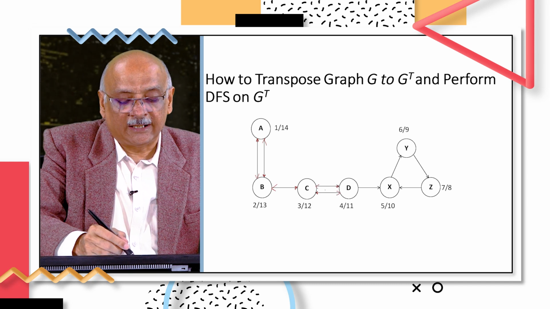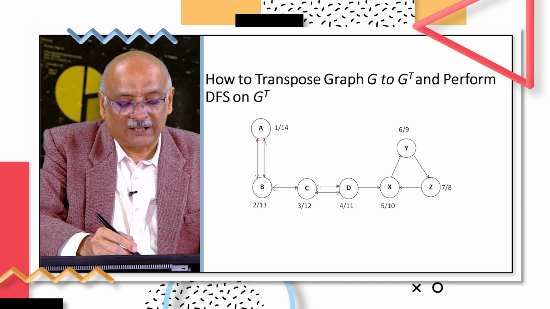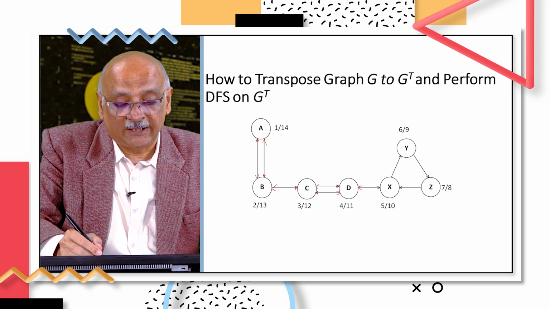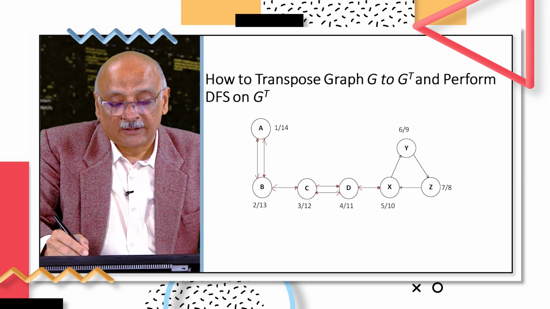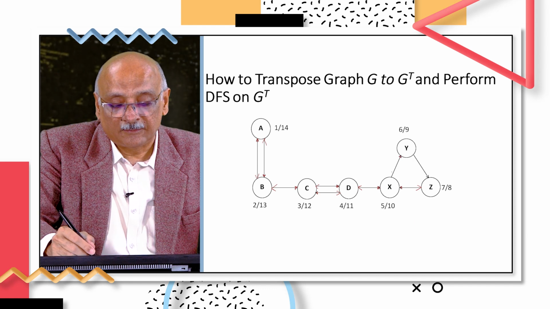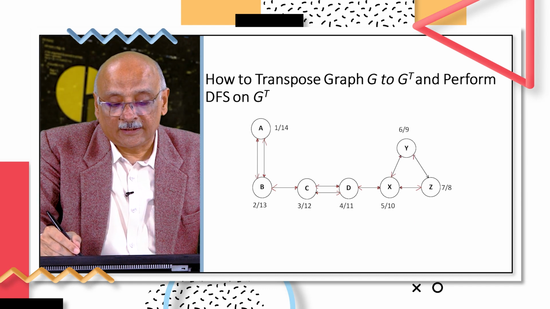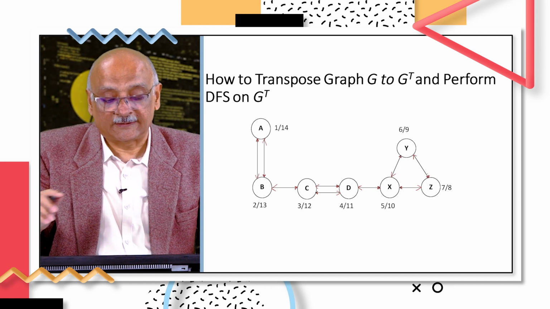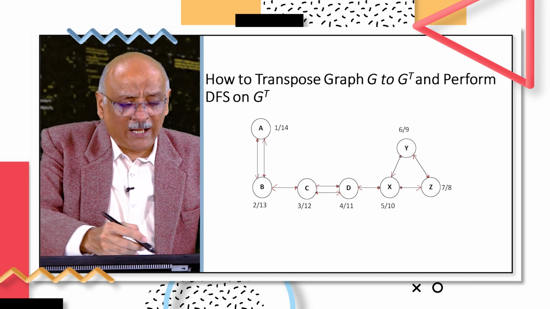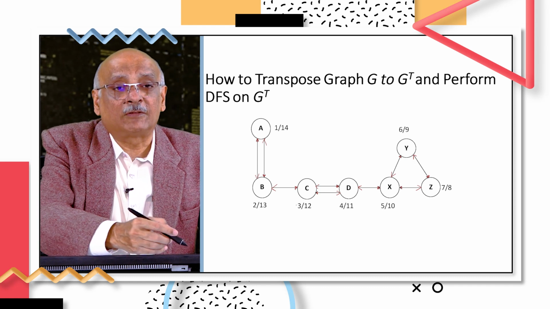Link in and link out, so it's not going to matter much, but we are just reversing the directions at every link. This one we are able to reverse, and here we are able to reverse the direction too. So now everywhere we have reversed the direction of the link.